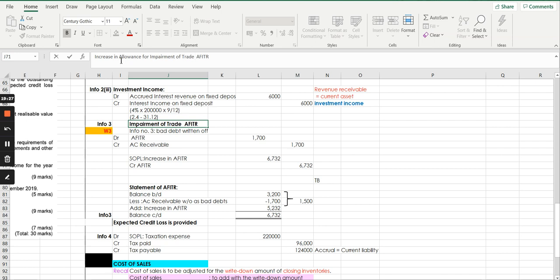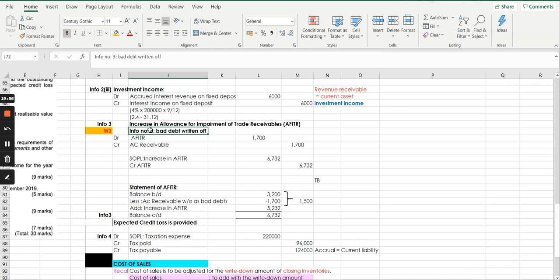But in our case, that is not just any receivable, but a trade receivable, so that is denoted as AFITR. That was just some acronym for it. Now, information number 3 is on bad debts written off.